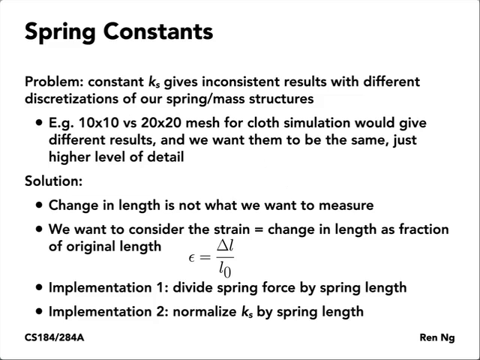So it's going to be the change in length as a fraction of the original length, as shown here. So the change delta L relative to the original length or rest length, if you will, L sub 0. So that turns out to be the thing that mathematically will make it work out. There's a couple of ways to implement that. One is that you could divide the spring force by the spring length as a normalization. Second implementation is that you could normalize k sub s by the spring length as well.